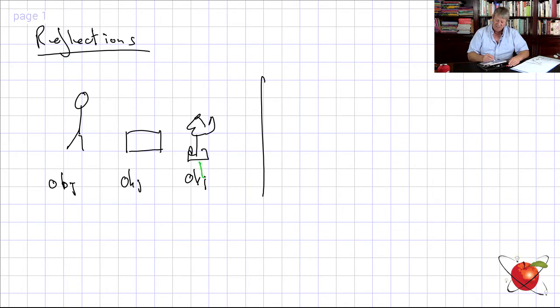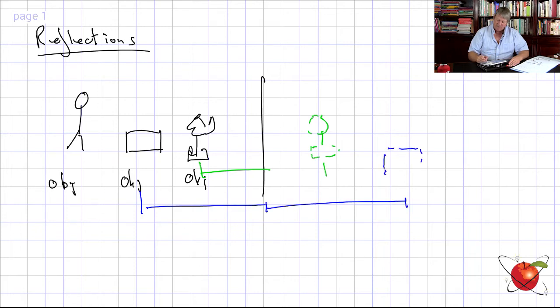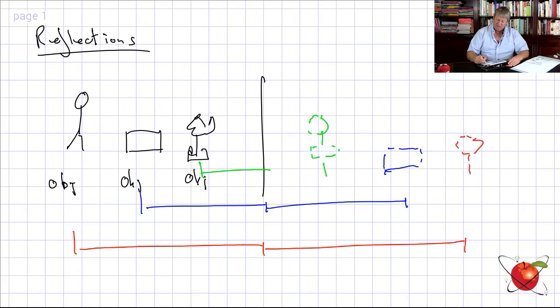I see the pot plant exactly the same distance behind the mirror as I do ahead. Where do I see the box? I see the box exactly the same distance behind the mirror. And lastly, where do I see me? I see myself exactly the same distance behind the mirror. So I see everything behind the mirror.